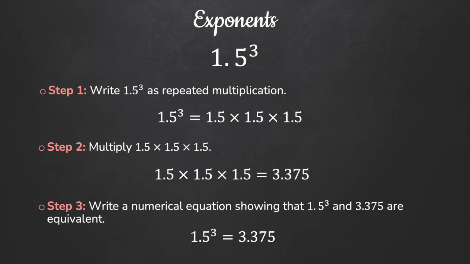So 1 and 5/10 times 1 and 5/10 times 1 and 5/10 is equal to 3 and 375 thousandths. Finally, we're going to write a numerical equation showing that 1 and 5/10 cubed and 3 and 375 thousandths are equivalent. So that means that 1 and 5/10 cubed is equal to 3 and 375 thousandths.